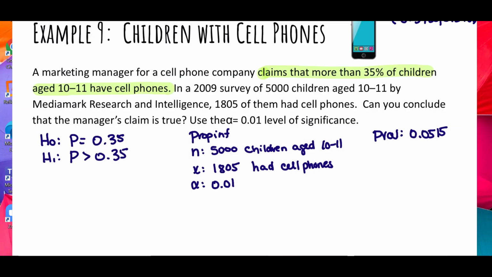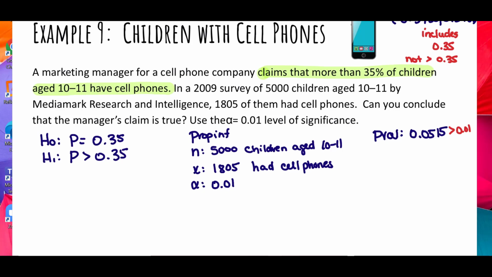All right, so 0.05 is greater than 0.01. Before we do that, let me go back to the confidence interval up here. So the confidence interval includes 0.35. So it's not showing that it's greater. So it's not greater than 0.35. All right, so let's see what the hypothesis test says.